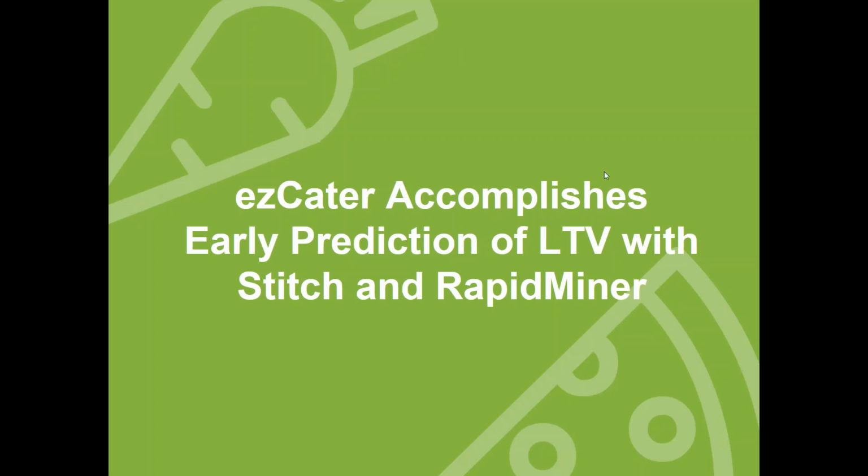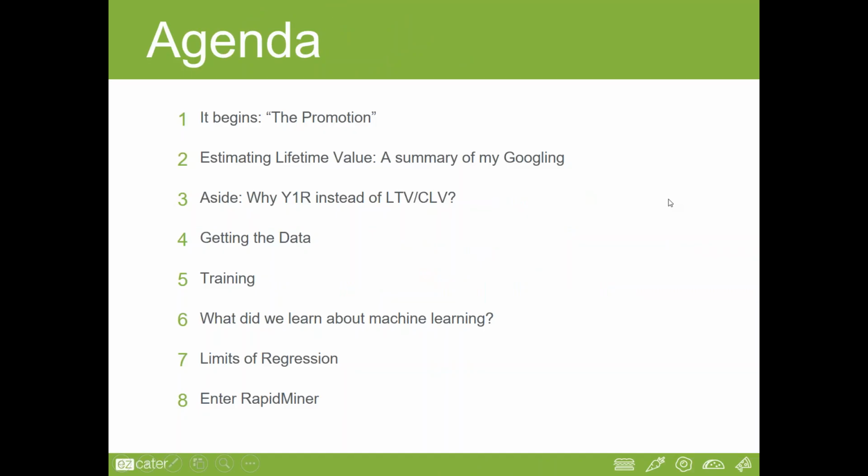Okay, so let's take a look at the agenda today. First off, I want to explain how we got here and why ezCater was interested in this in the first place. It all began with the promotion.